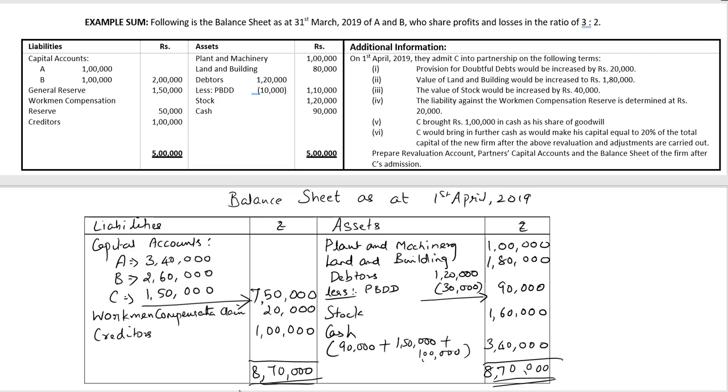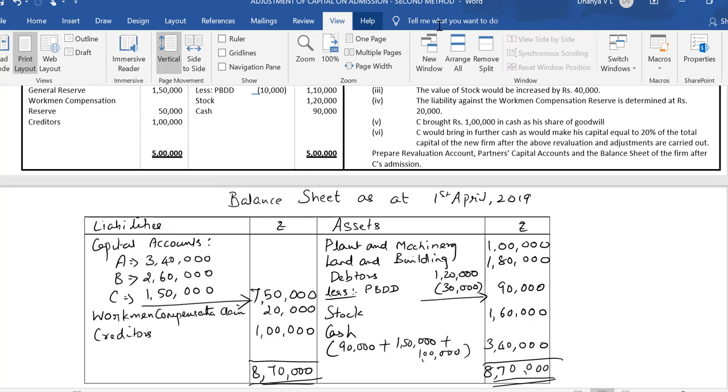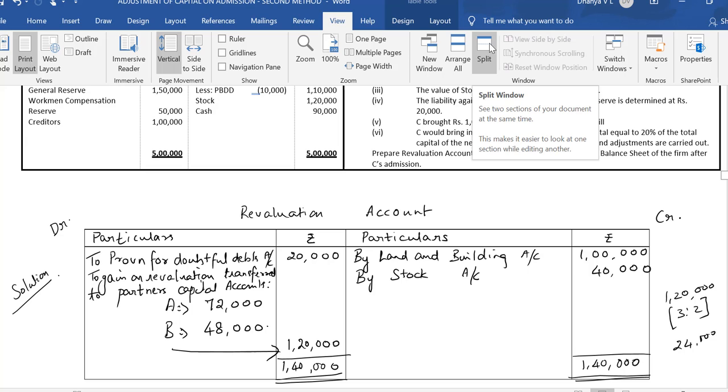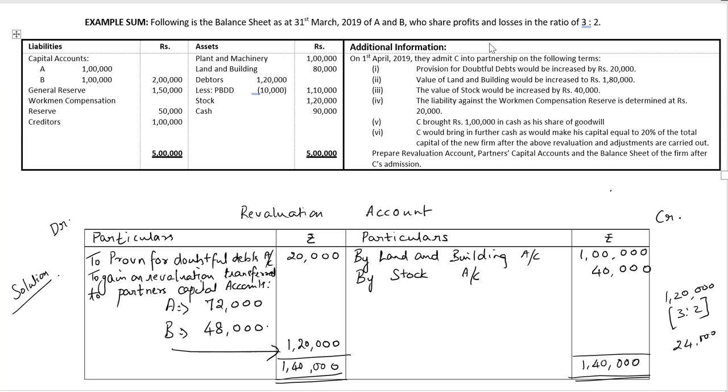I'll remove the split and we can view the other accounts as well. We began with the revaluation account. We got a profit or a gain of rupees 1,20,000, which we divided between A and B in old profit sharing ratio 3:2.